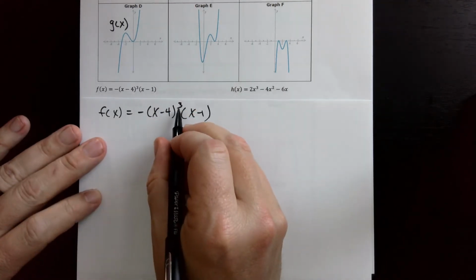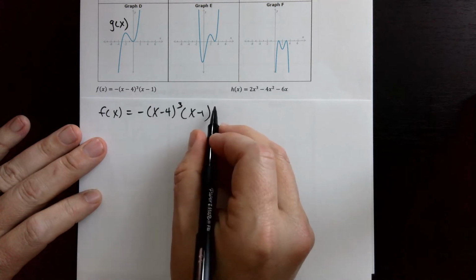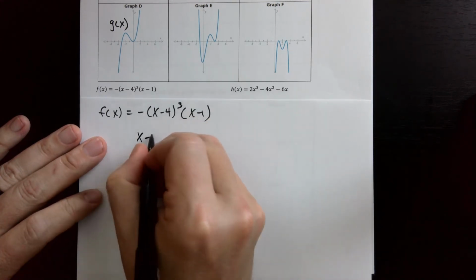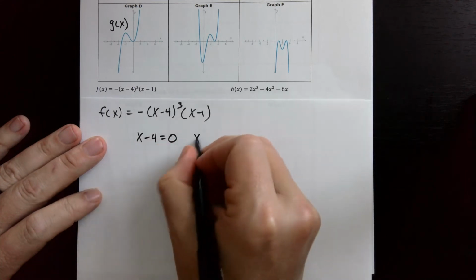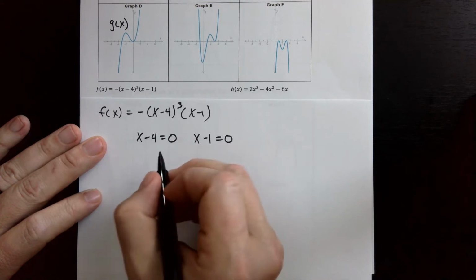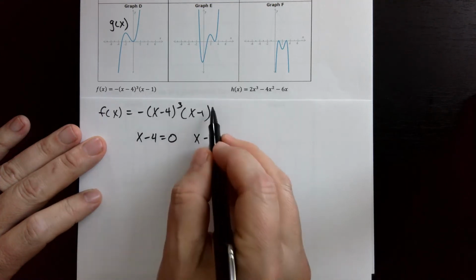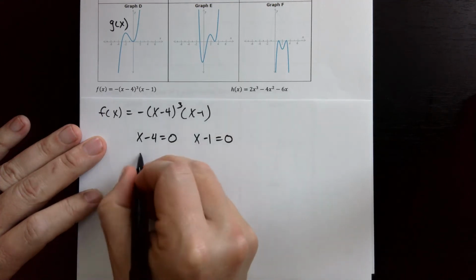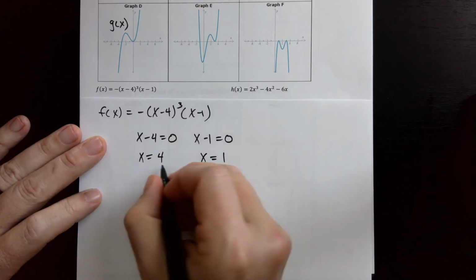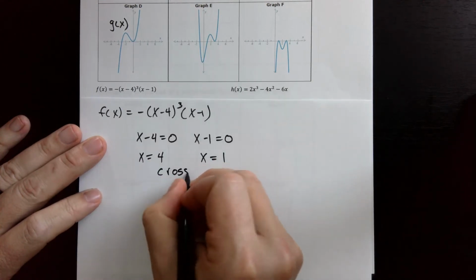This has degree 3, so that's an odd degree, and this has degree 1, which is an odd degree. So when I set x minus 4 equal to 0 and x minus 1 equal to 0 to find the x-intercepts, they're both going to cross the x-axis because they both have an odd degree exponent. So this is x equals 4 and x equals 1. Both of these cross the x-axis.